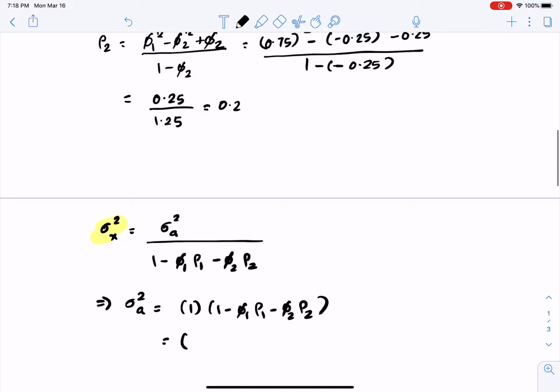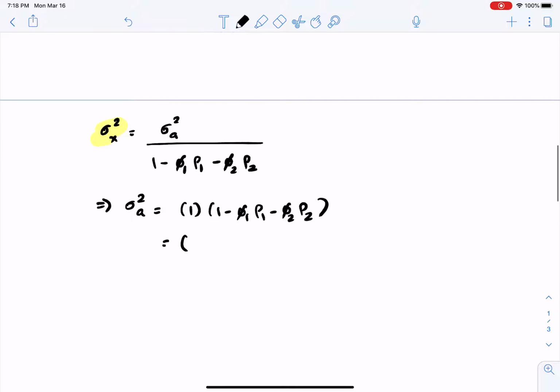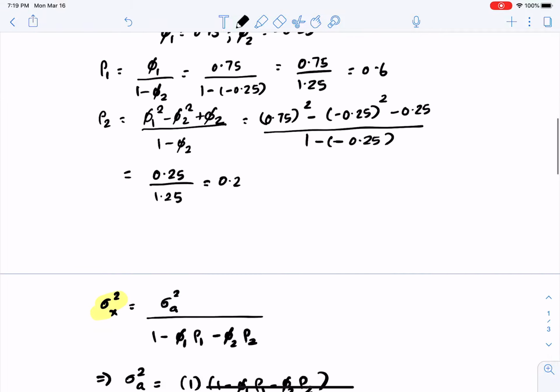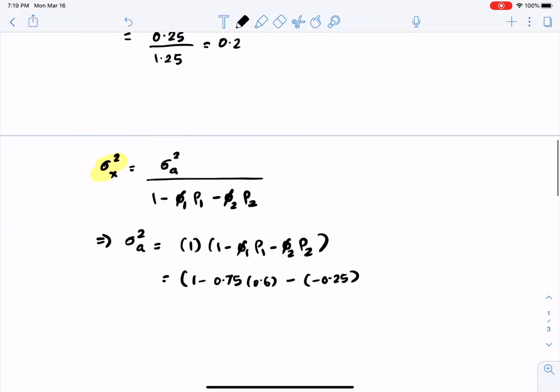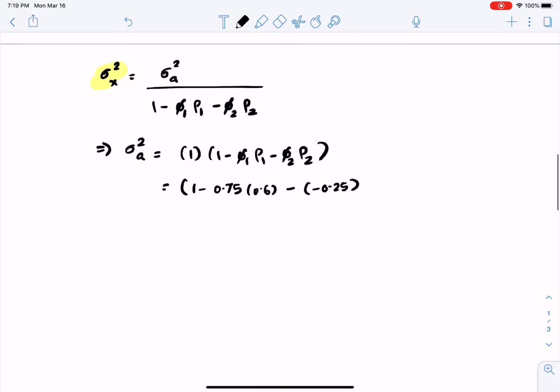And here we have the coefficient values as 0.75 and rho 1 is 0.6, which we computed, and minus 0.25 for phi2, and rho 2 is 0.2.